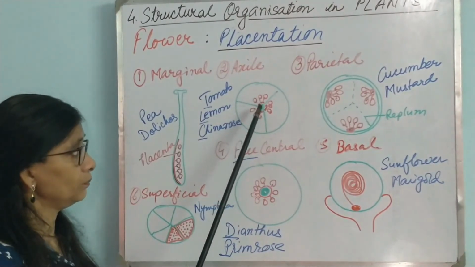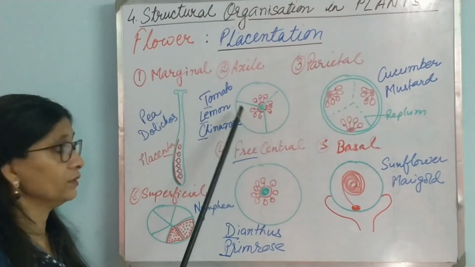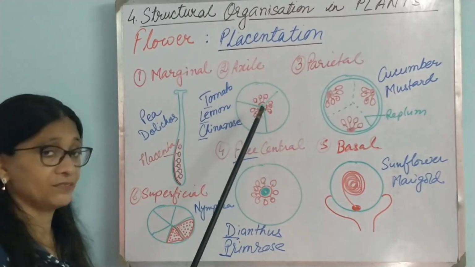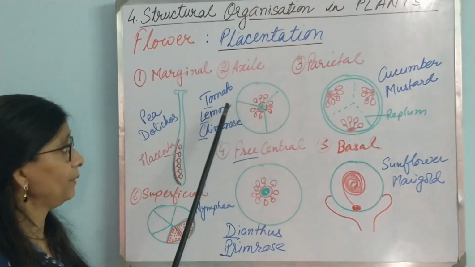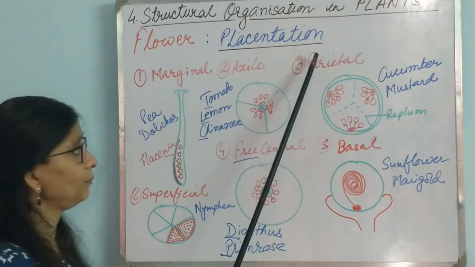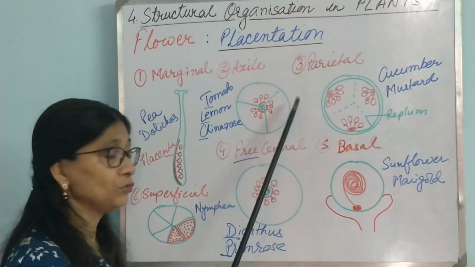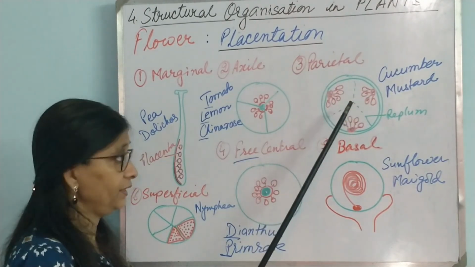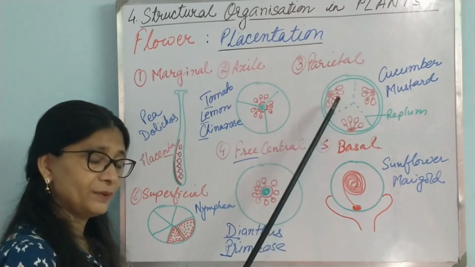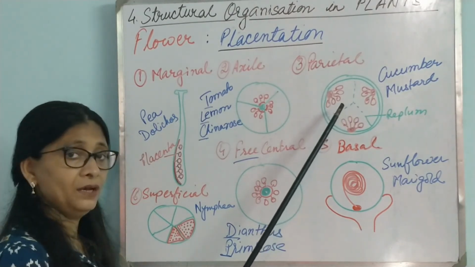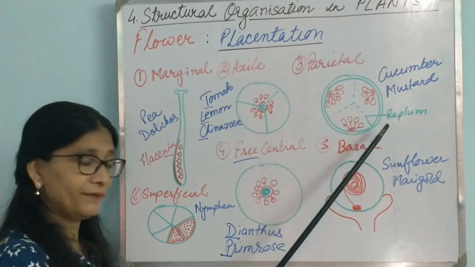So the placenta is arranged on the central region, which is the axile region, and examples are tomato, lemon, China rose. The third type is parietal, where the placenta is towards the periphery of the ovary, and the septa have dissolved, but we get to see false septa, which is known as replum.